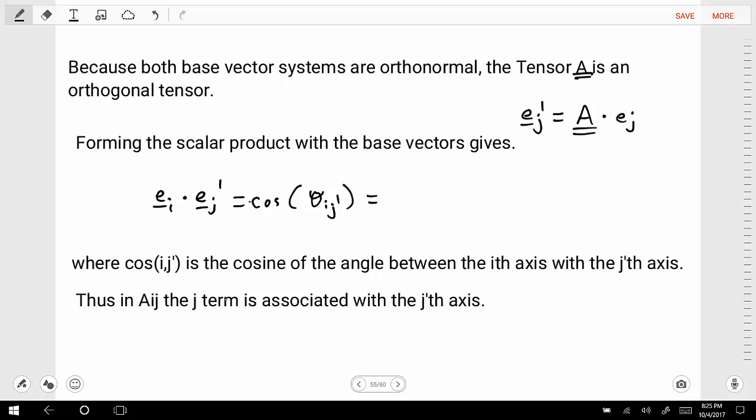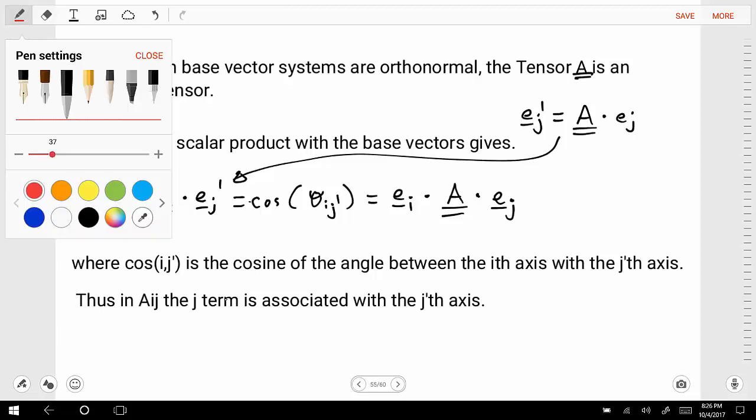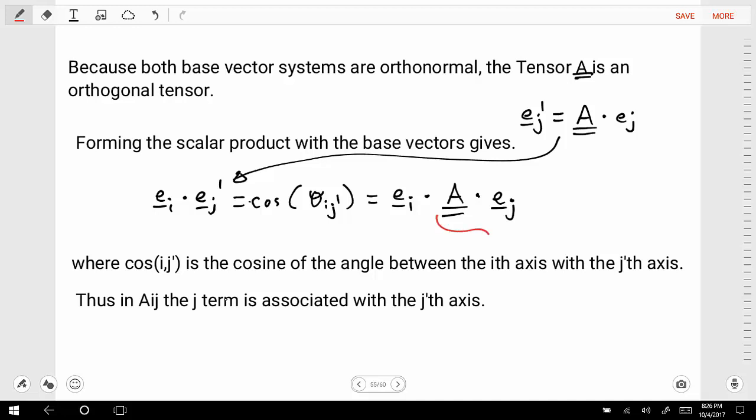If we remember that relationship, then we can plug that in here and find that our original base vector dot our transformation tensor dot our original base vector with index j, so simply remembering this relationship and plugging it in, right?